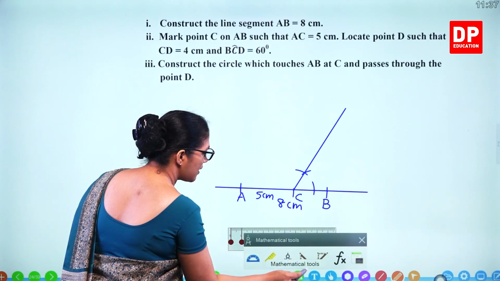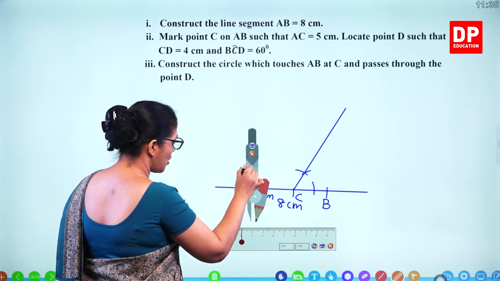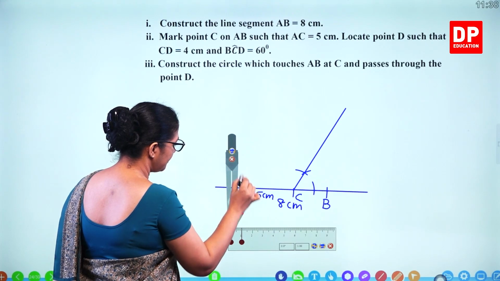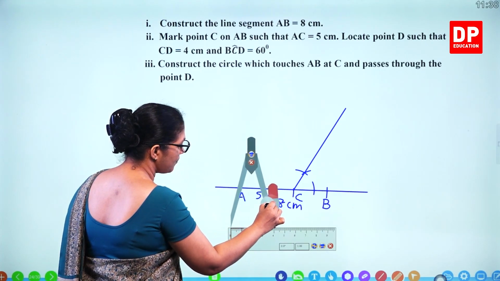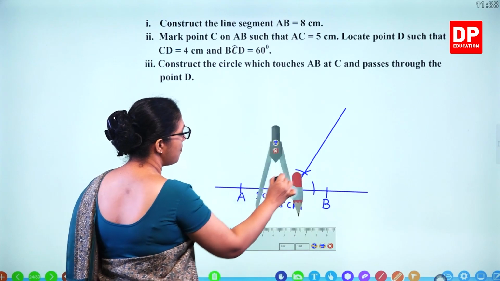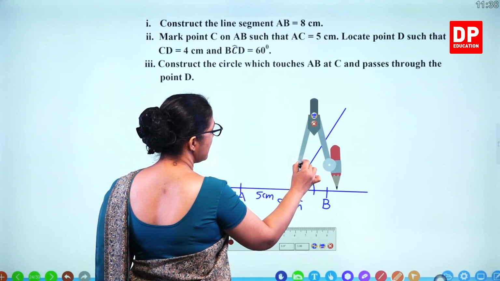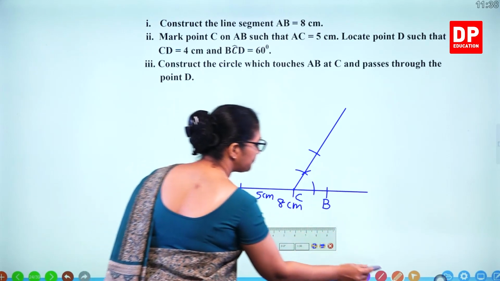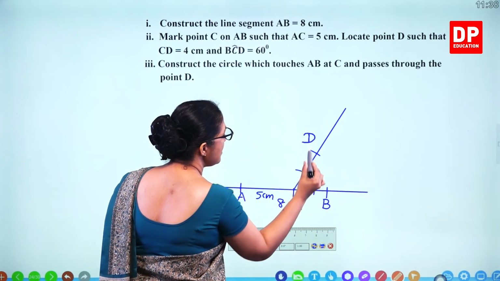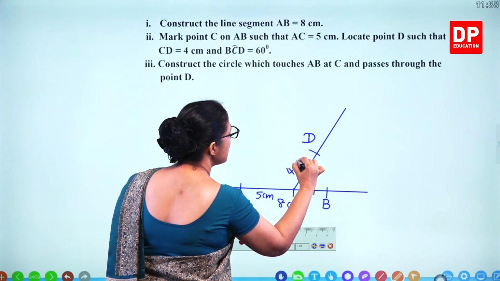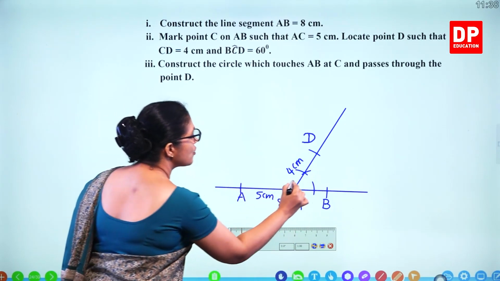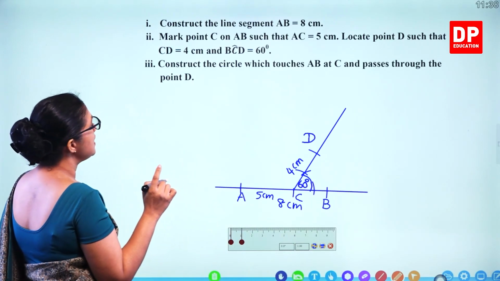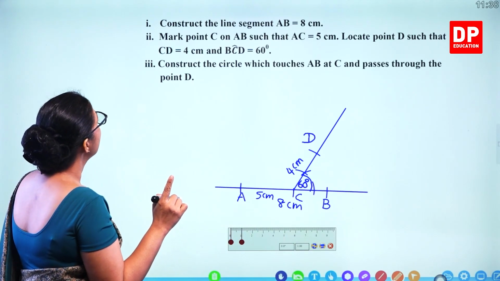So you take the compass, measure 4 centimeter length and mark on this line CD. So you can mark the point D. This is D. This is 4 centimeter length. And also this is 60 degrees. So we did the second part, the BCD angle.